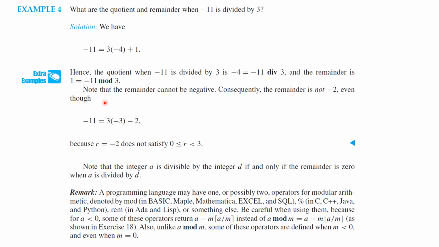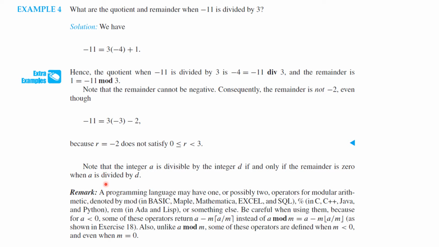Now note that the reason we were forced to consider it this way is that the remainder cannot be negative. Consequently, the remainder is not minus 2, even though you can make an equation like this, because by our definition, r equal minus 2 does not satisfy r being between 0 and 3.